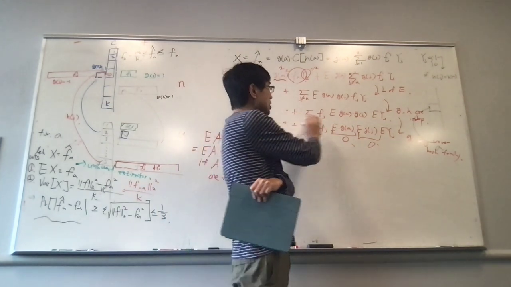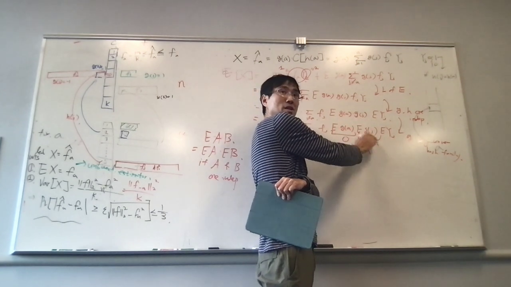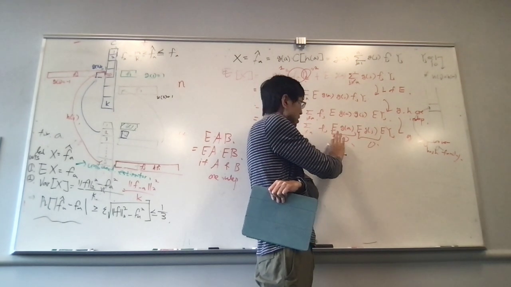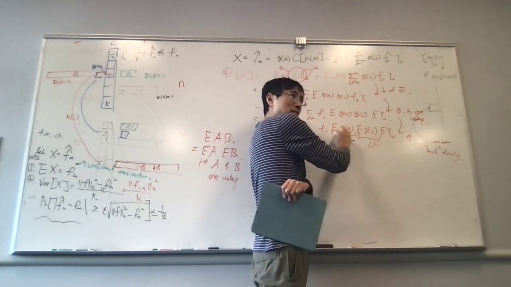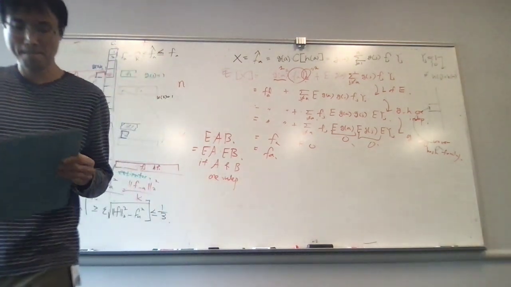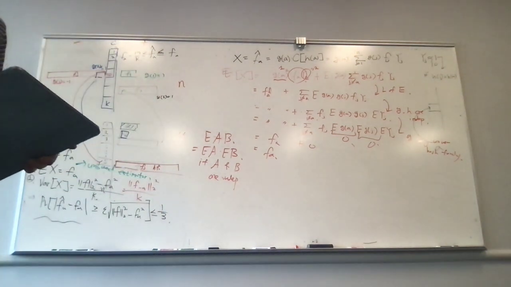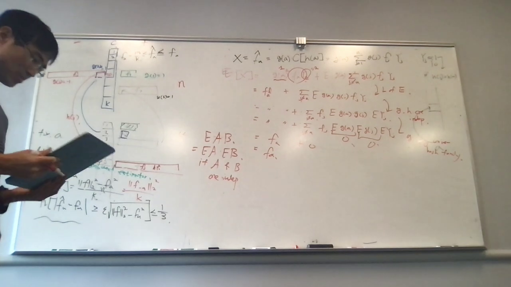Of course, G is a completely random function, so you could separate this, but we only need the guarantee that these two are independent, namely two universal pairwise independence. Any questions here? It's good? Okay, good.